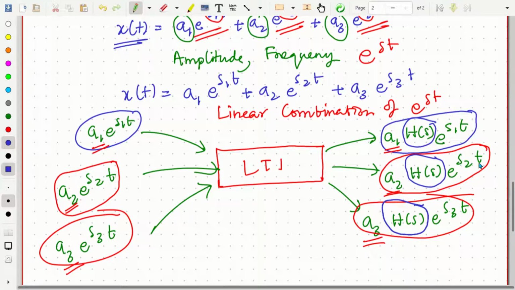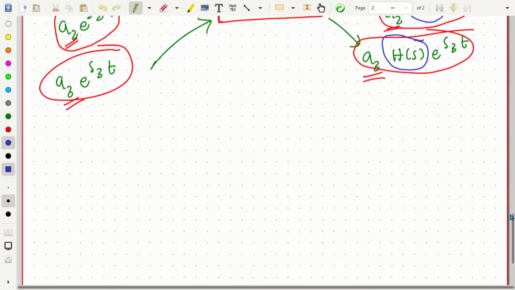So how can we say about the output and input? If x of t is a linear combination of complex exponentials, a1 e power s1t plus a2 into e power s2t plus a3 into e power s3t.